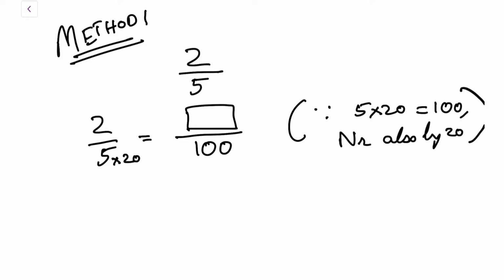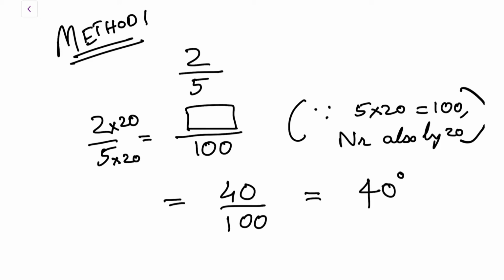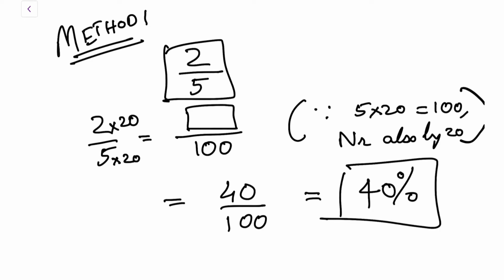You multiply both the denominator and numerator by 20 so that the value of the fraction will not change. So it becomes 40 by 100. Now you can write this as 40%. This is how you can change a fraction to a percentage in method 1.